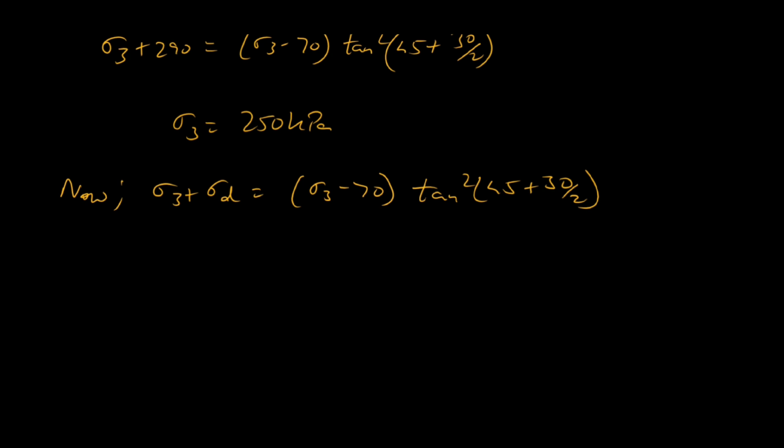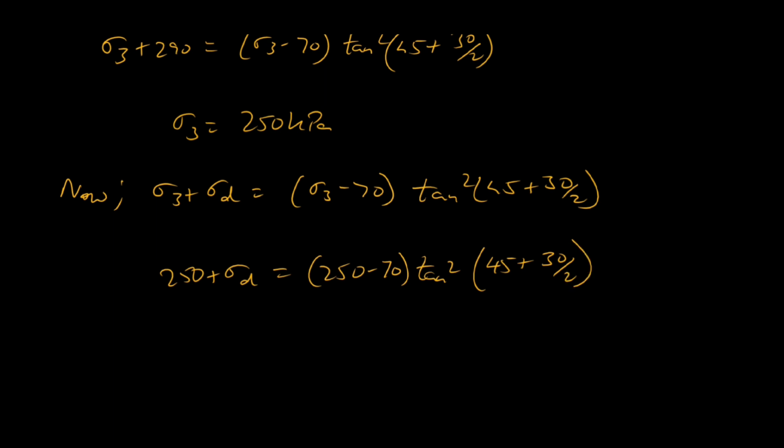So we have the value of sigma 3, which is 250, plus sigma d, equal to (250 minus 70) tan square (45 plus 30 by 2). So from this we get the value of sigma d as 500 kilopascal.